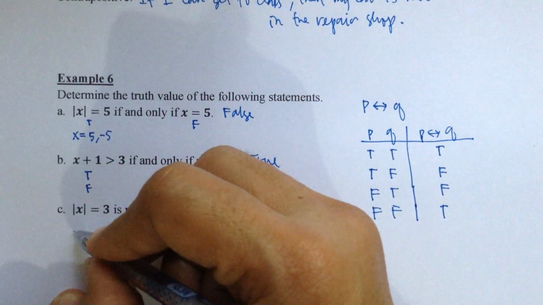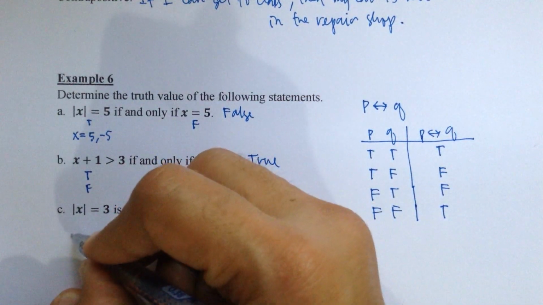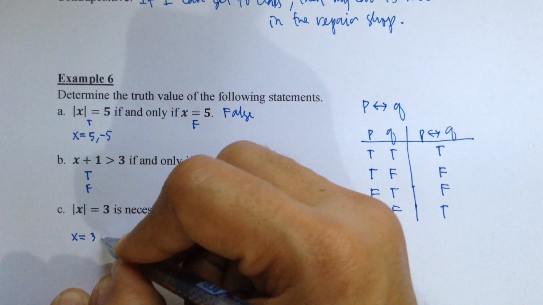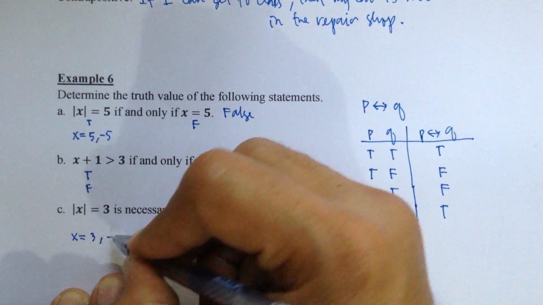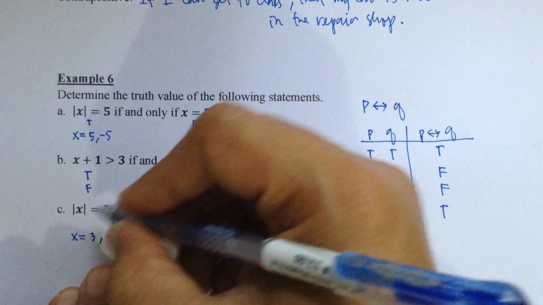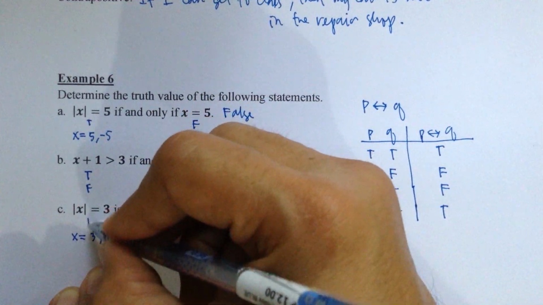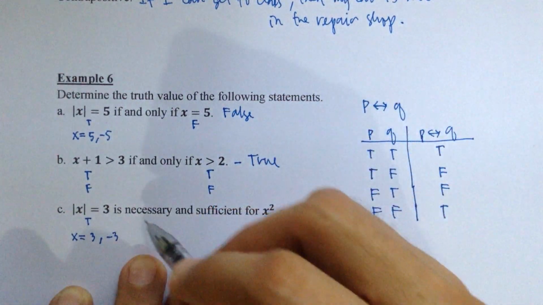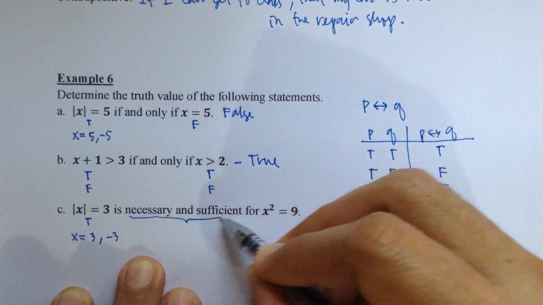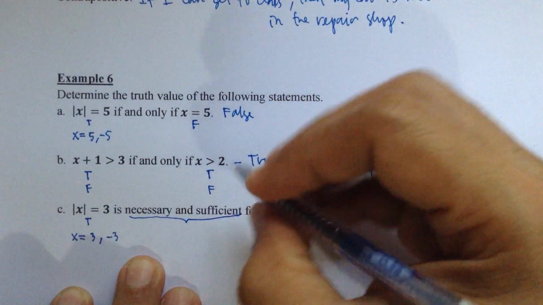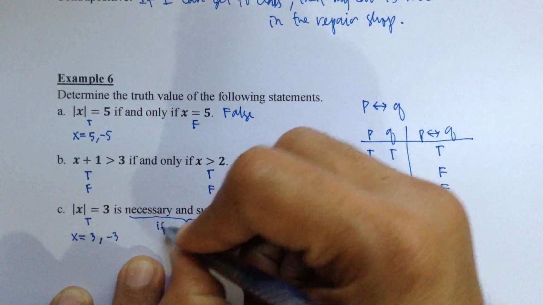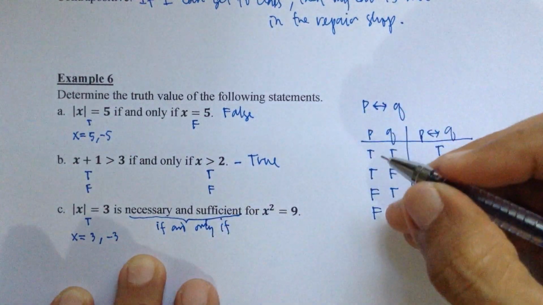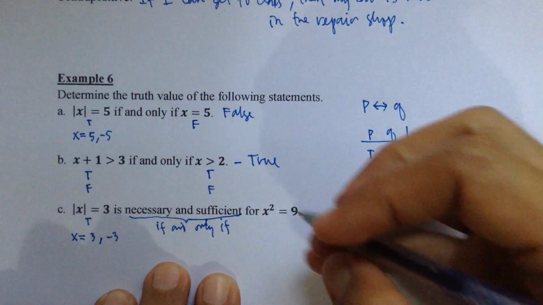What about this? If this is true, x should be 3 or negative 3. No other values will make this true except when x is 3 or negative 3. Now, notice that it uses the phrase necessary and sufficient. That's also the same as if and only if. So this is actually a biconditional statement.